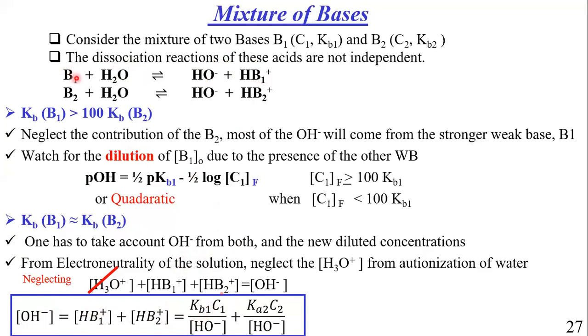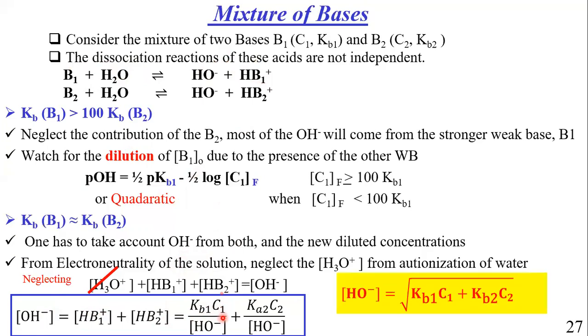But B1 is simply the initial concentration of that base in solution, in other words, the diluted concentration, because x is negligible. And thus, the calculation of OH minus in solutions of mixtures of two bases where neither one can be removed is going to be, that looks so familiar, the square root of Kb1 times C1 plus Kb2 times C2.